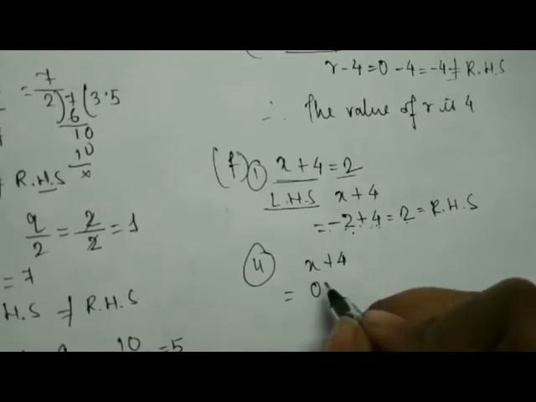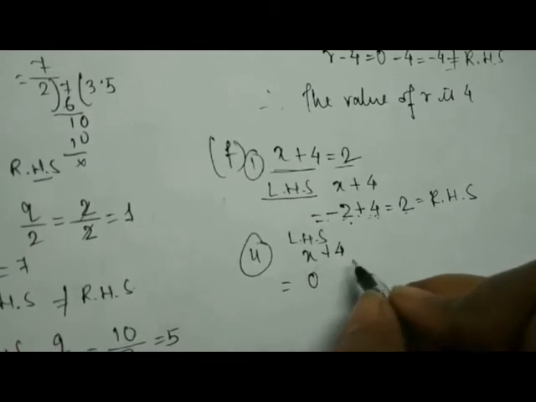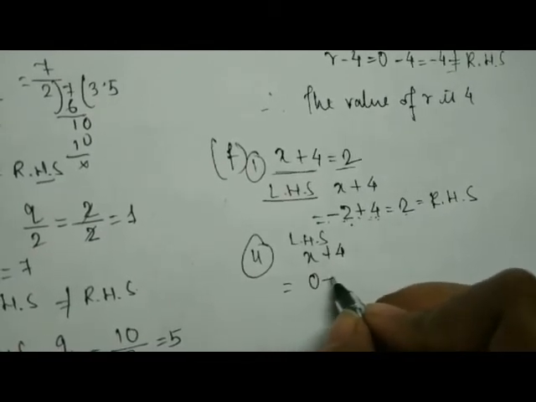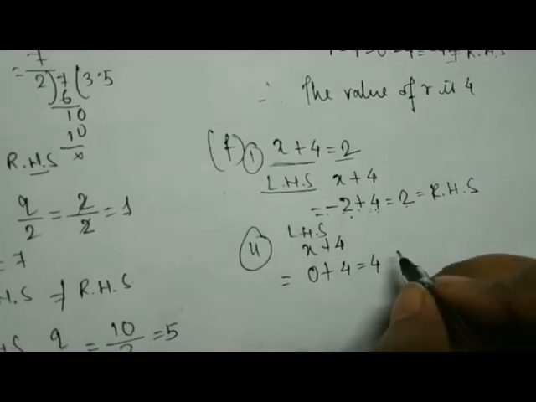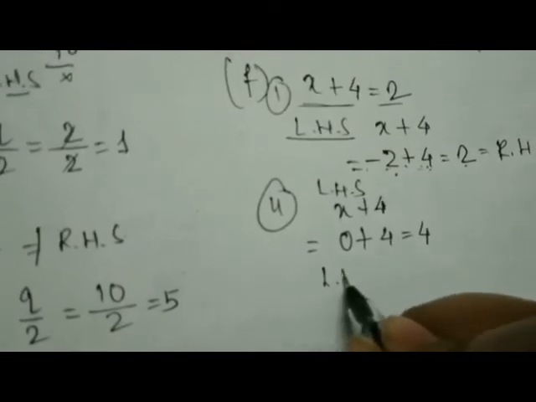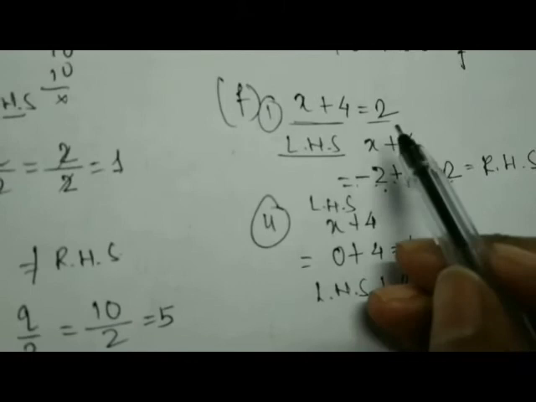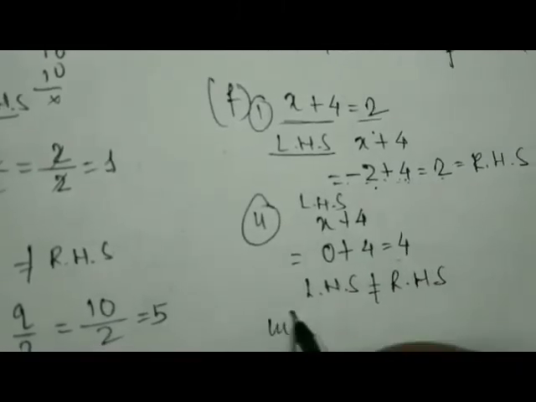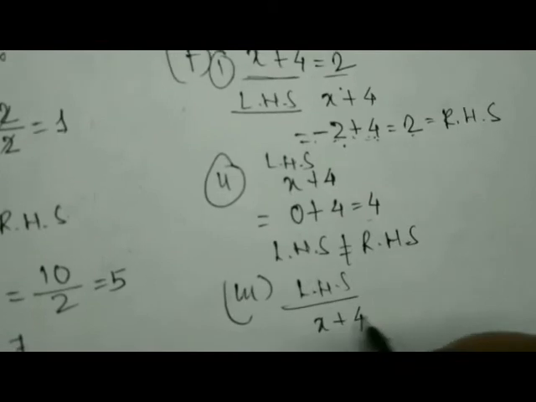Now in the next option we have 0. So this is the left hand side, x plus 4, and in place of x we'll put 0. If you put 0 here, then we get 4, and on the right hand side 2 is there. So we'll write left hand side is not equal to right hand side. In the next option we have 2, again we mention x plus 4 on the left hand side.